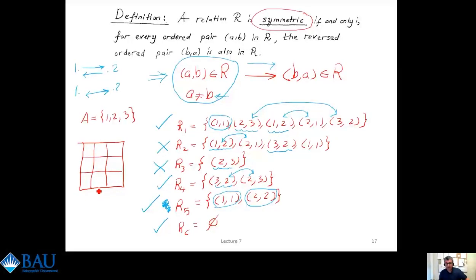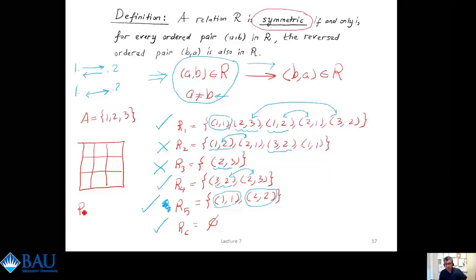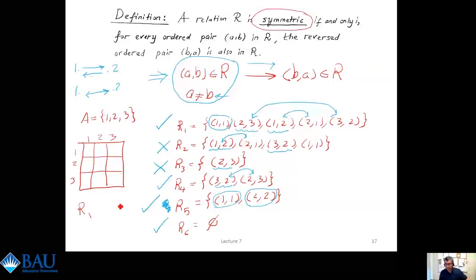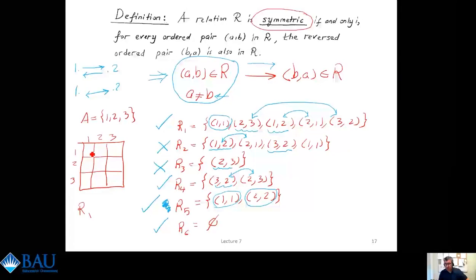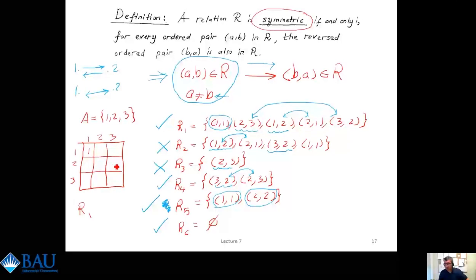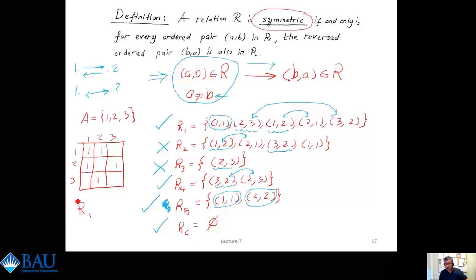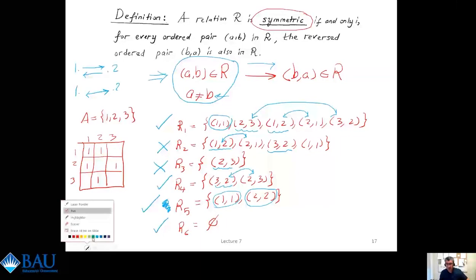Let me finish the matrix. At that time, you will understand the meaning of symmetric. Look at it. This is the R1. We have 1, 2, 3 here, and 1, 2, 3 here. Now in this matrix, we have a 1, 1, we have a 2, 3, we have a 1, 2, 2, 1, and also 3, 2. Is this matrix symmetric?